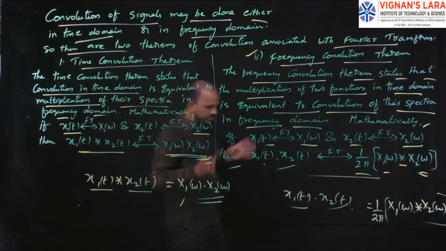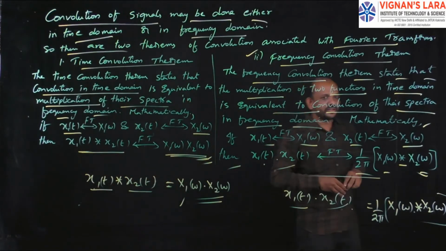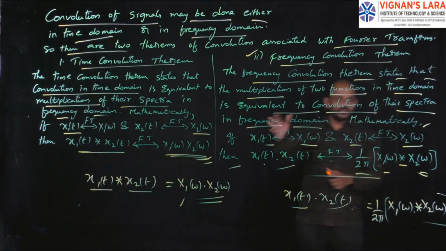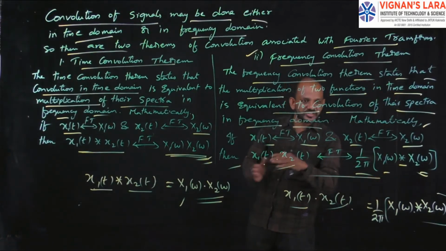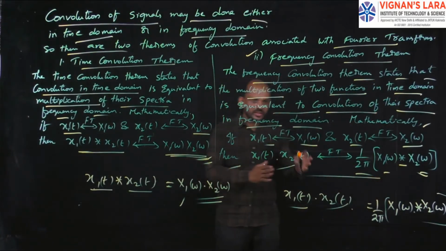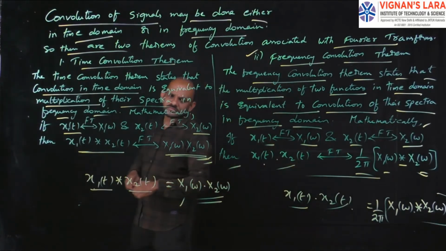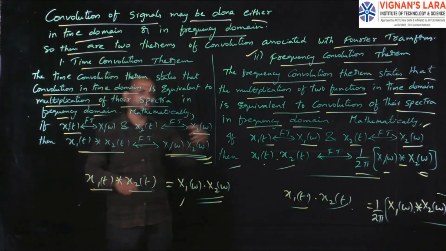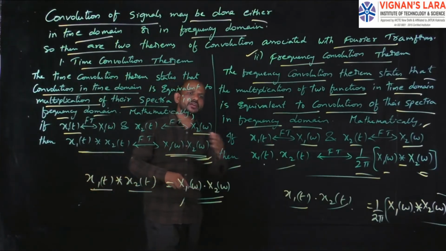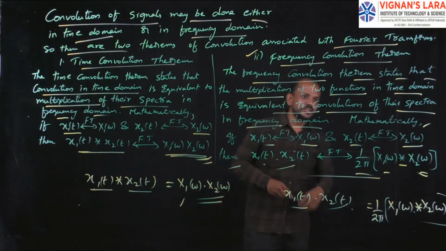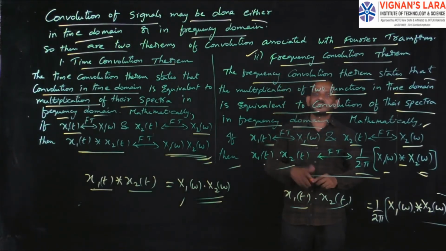So in these two theorems, what happens is that convolution in one domain changes to multiplication of their respective spectra in the other domain, and multiplication in one domain converts to convolution. This is the only thing that happens here.